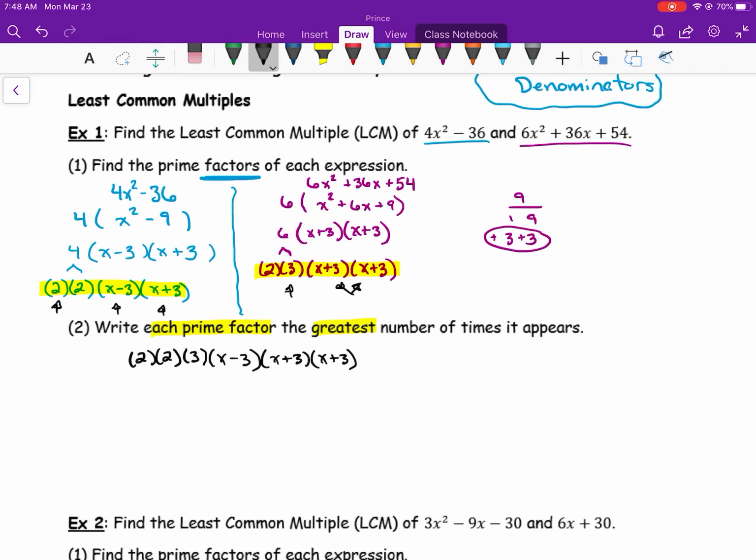So this is written out as 2 times 2 times 3 times x minus 3 times x plus 3 times x plus 3. If we want to clean it up, 2 times 2 gives me 4, times 3 gives me 12. So I'll have 12 times x minus 3 times x plus 3 quantity squared.